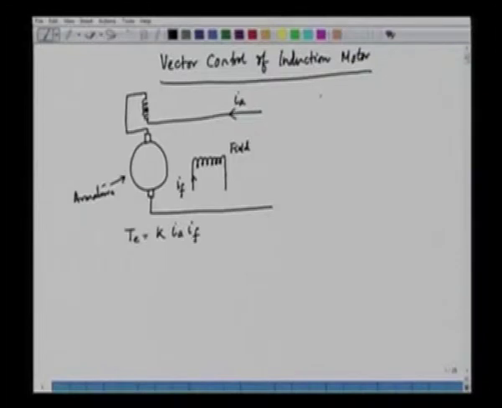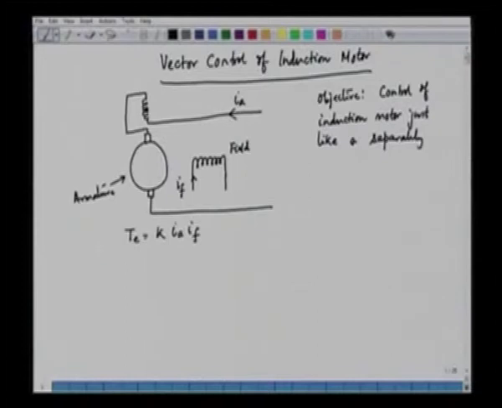The objective in this case is control of induction motor just like a separately excited fully compensated DC motor.